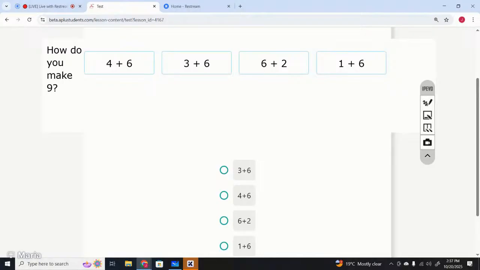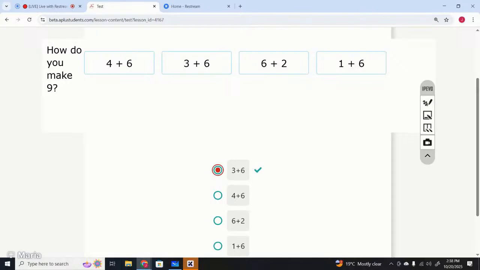How do you make 9? That is 3 plus 6 makes 9.